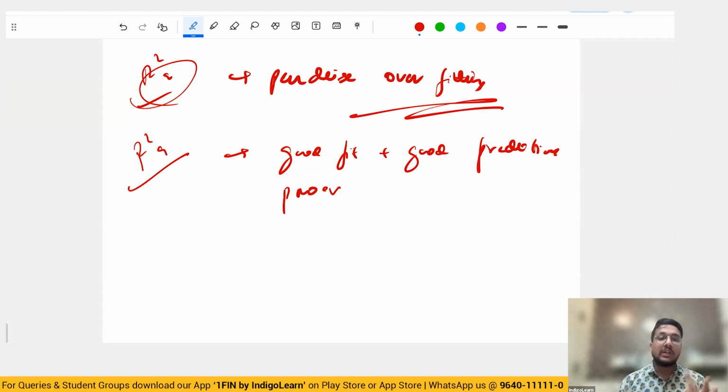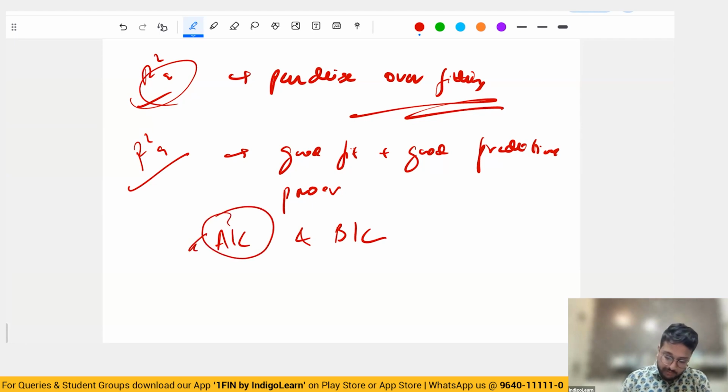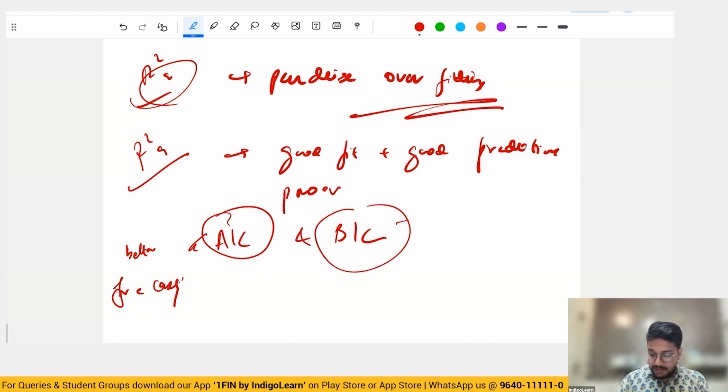And hence we use two other metrics which we use to arrive at a good model, which are known as AIC and BIC. AIC is used if I want a better forecasting model, and BIC is used when my goal is a better goodness of fit.